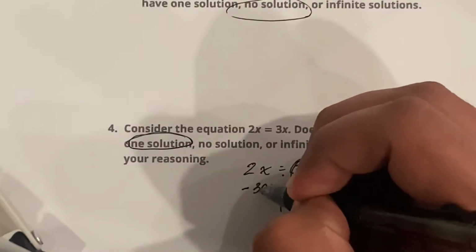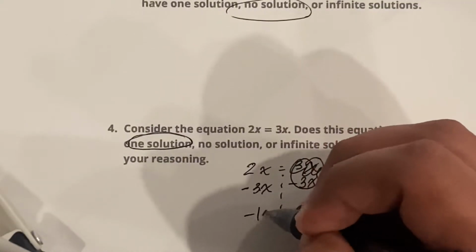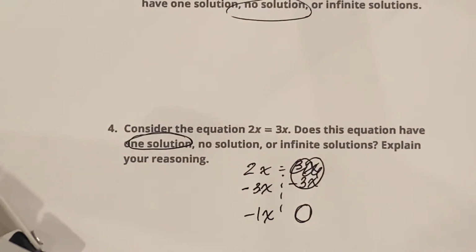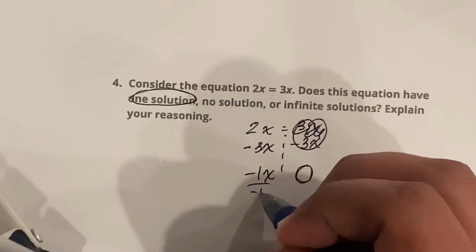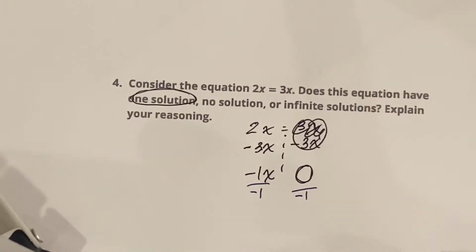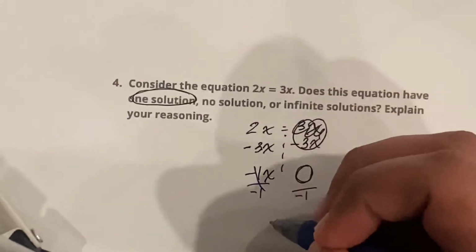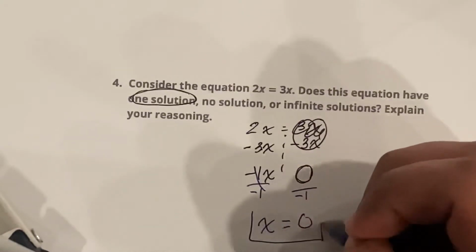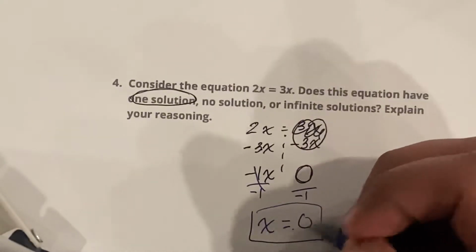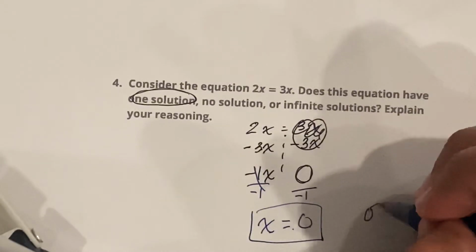Then 2 minus 3 is negative 1x. Dividing at the end, I do have to do negative 1, negative 1. These cancel, leaving an x equals 0. Of course, I have x equals a value, meaning that they intersect at the origin.